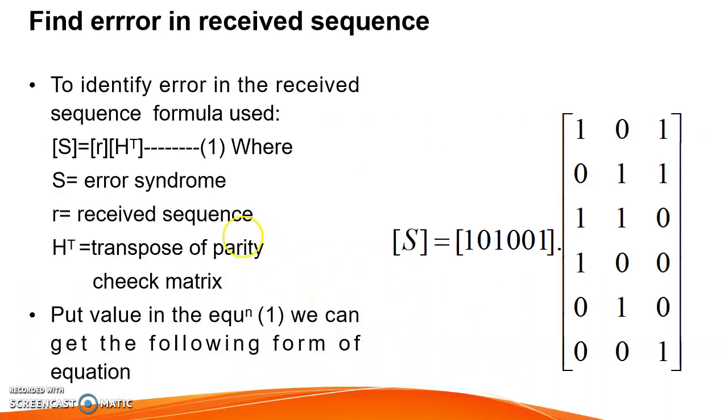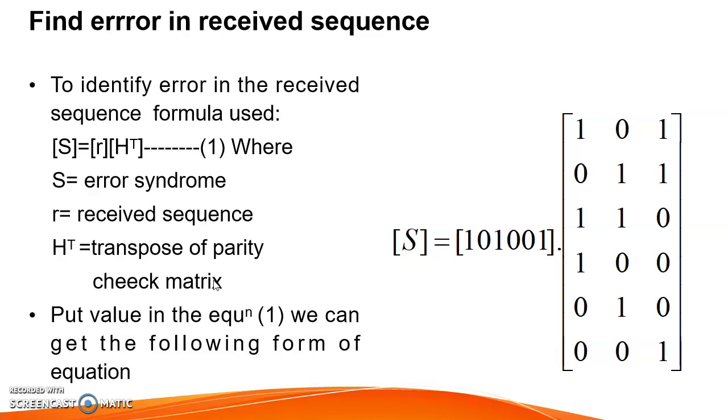Next, we have to consider the error in the received sequence. For identifying the error, we use this formula: S equals R into HT, where R is the received sequence or coded vector, S is the error syndrome, and HT is the transpose of the parity check matrix.